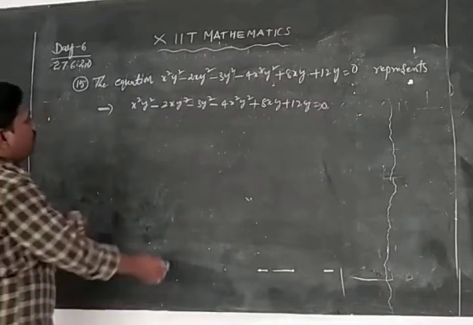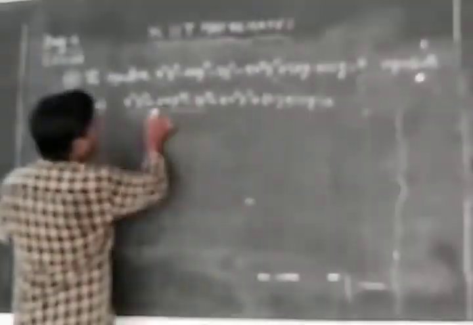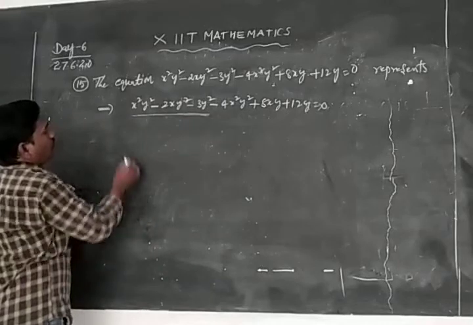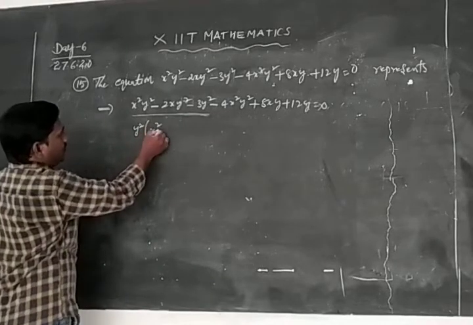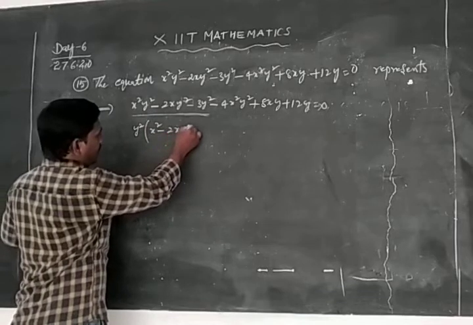Okay, here in the first three terms y square should be the common one: y square into x square minus 2x minus 3.